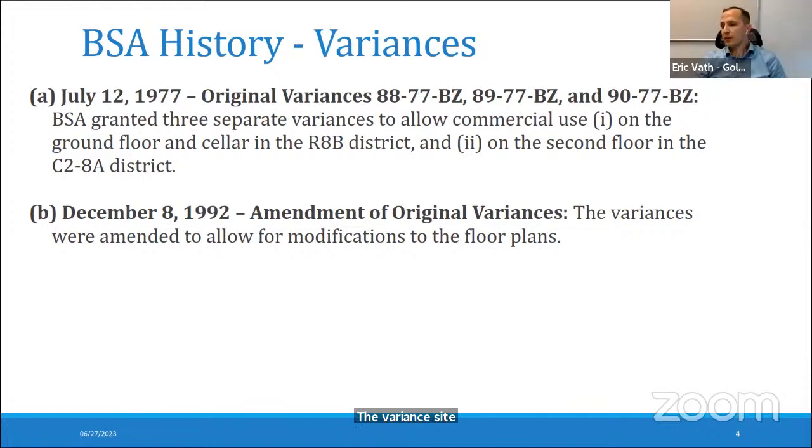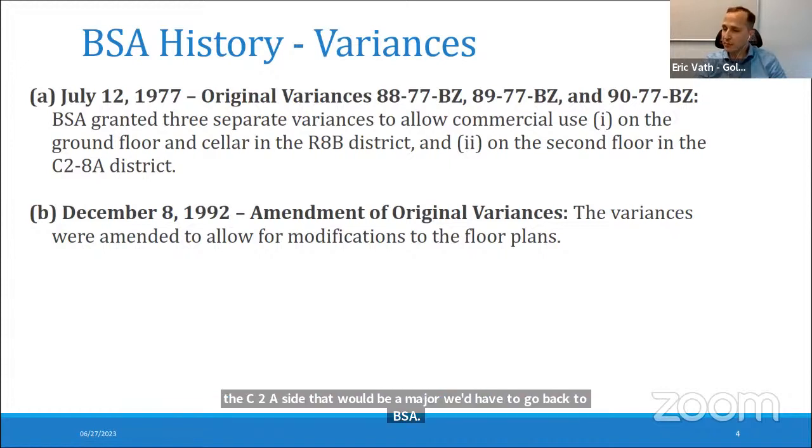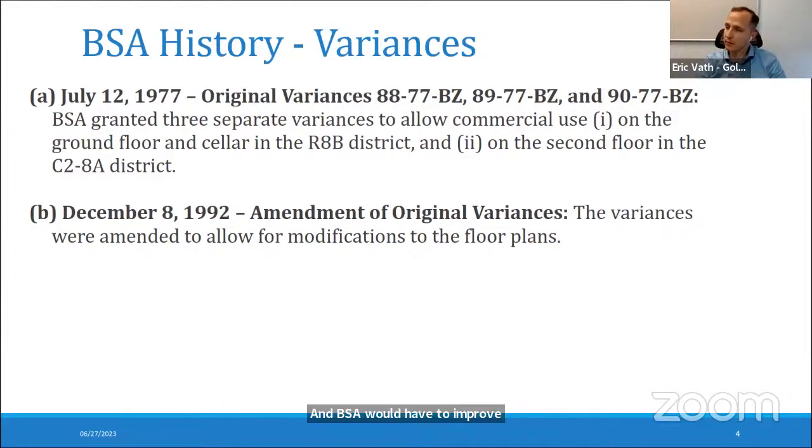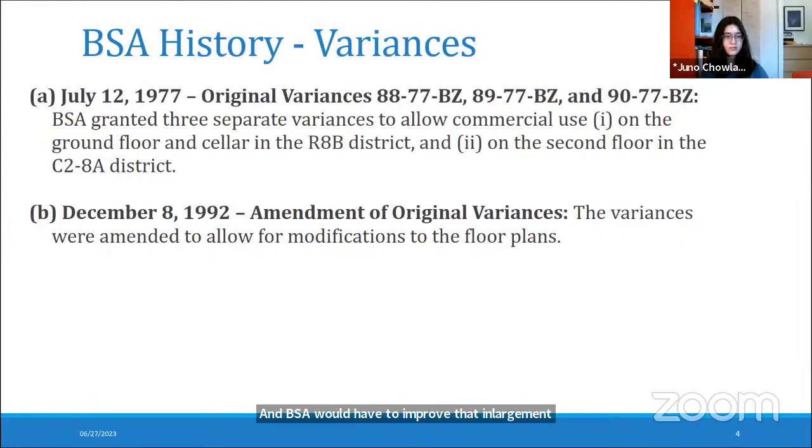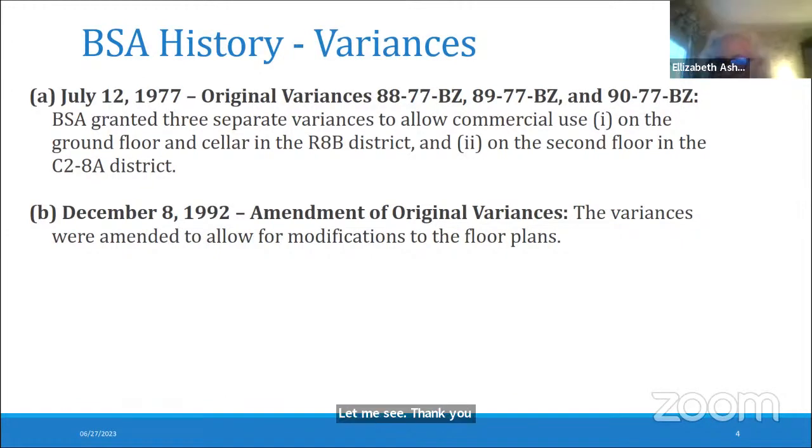Yeah, in theory, the variance site could be enlarged vertically on the C28A side. That would be a major change; we'd have to go back to the BSA, and the BSA would have to approve that enlargement. I see. Thank you very much.